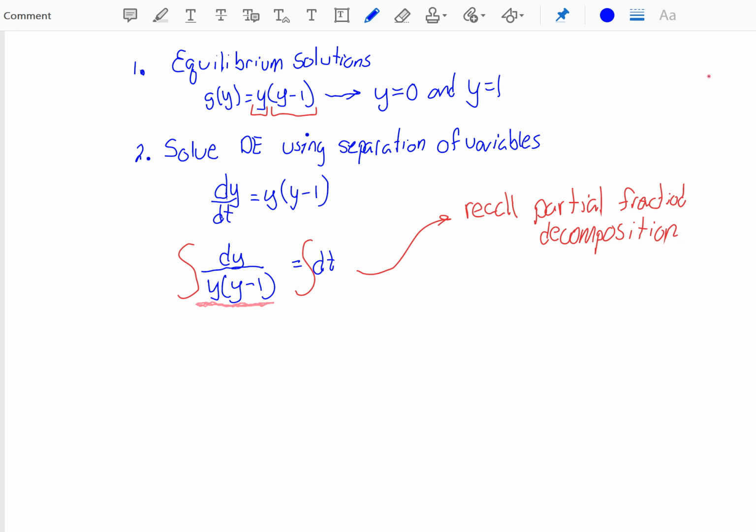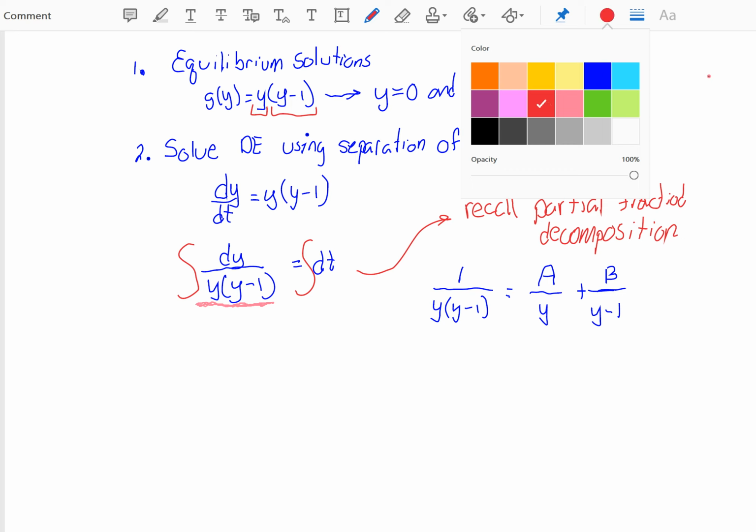With the partial fraction decomposition technique, our goal is to take the left-hand side, which is 1 over y(y minus 1), and write it as the sum of two fractions, a over y plus b over (y minus 1), where the numerators, which are constants, are not yet known. So we want to find what a and b have to be so that when you add these two fractions, it'll equal the same thing on the left.